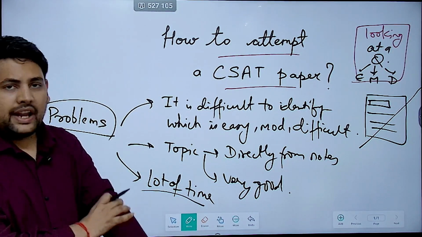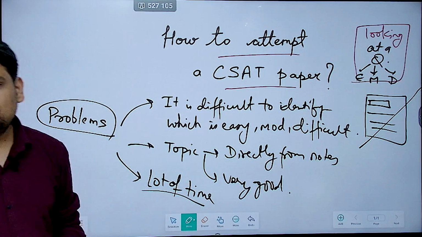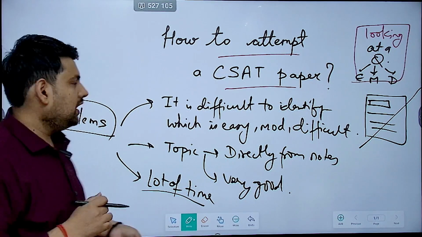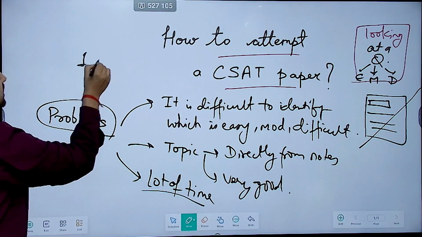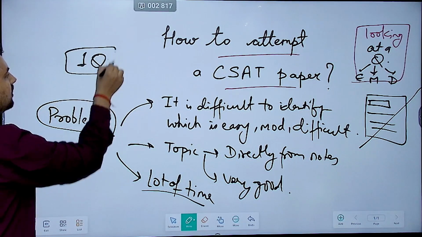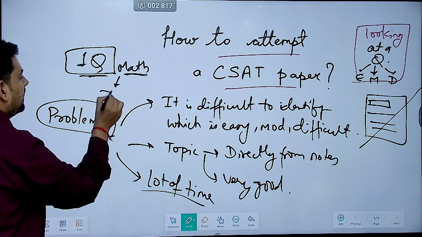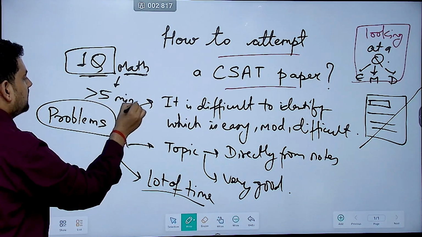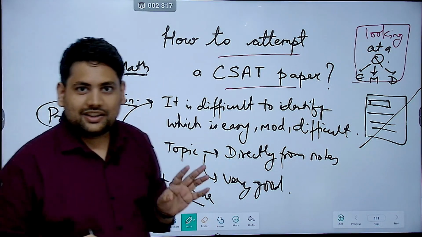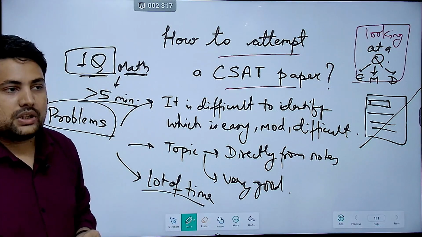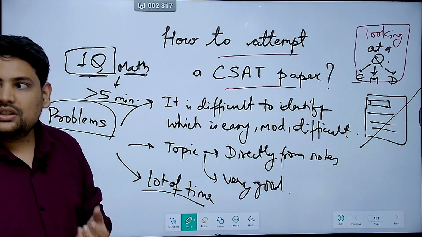Every year some students come to me after the exam and tell me that there was a particular question in math and they spent more than 5 minutes on it. It seems very illogical for those who have not attempted the paper, but it just captures you like that.